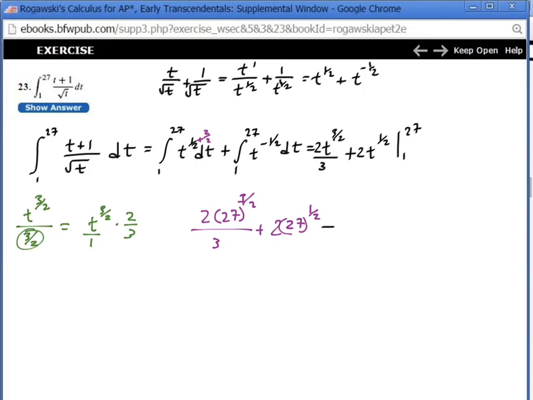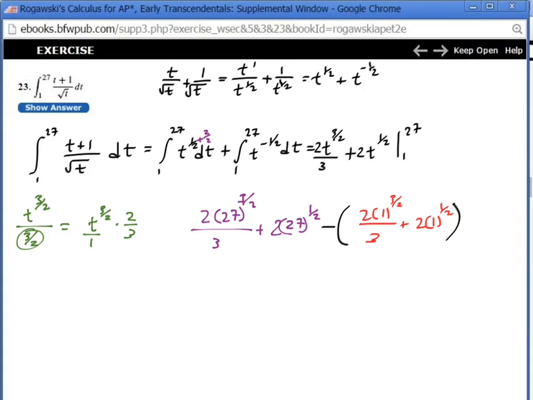And then the other part, I'm going to use brackets here because it says minus. I'm supposed to subtract whatever I get when I plug in 1. So I get 2 times 1 to the 3 over 2 divided by 3 plus 2 times 1 to the 1/2 power.